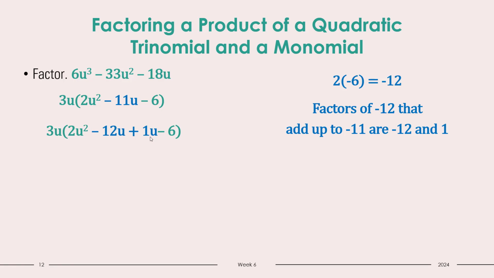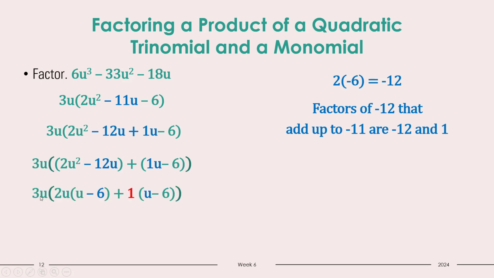Okay. So of course now we're going to do our grouping. I group the first two terms. I group the last two terms. I look at the first two terms to see what they have in common. They have 2u in common. I factored that out. And I'm left with u minus 6.